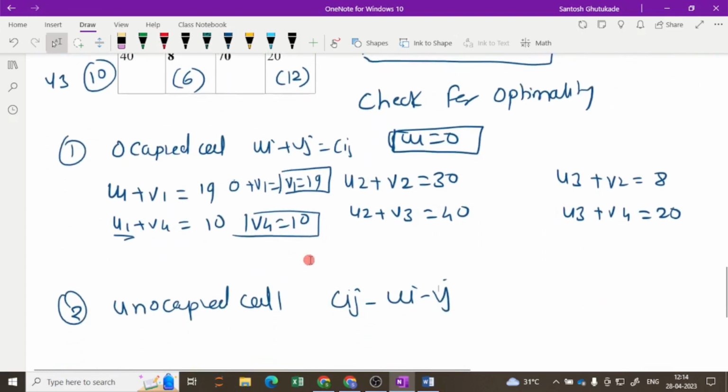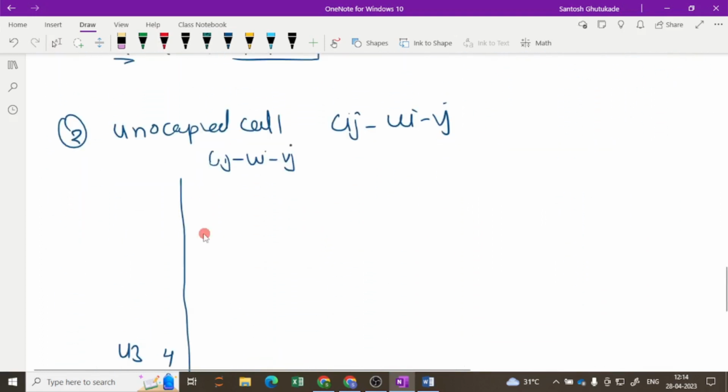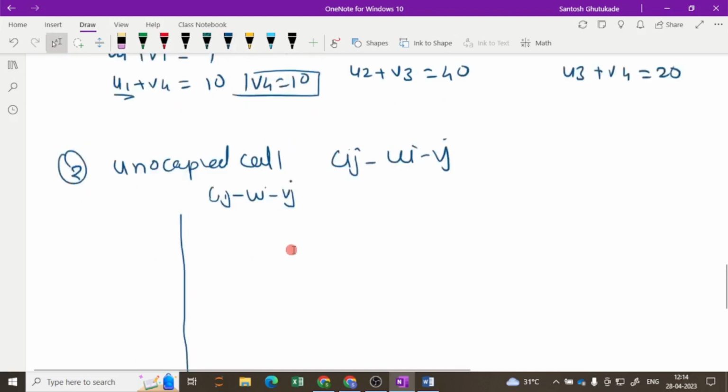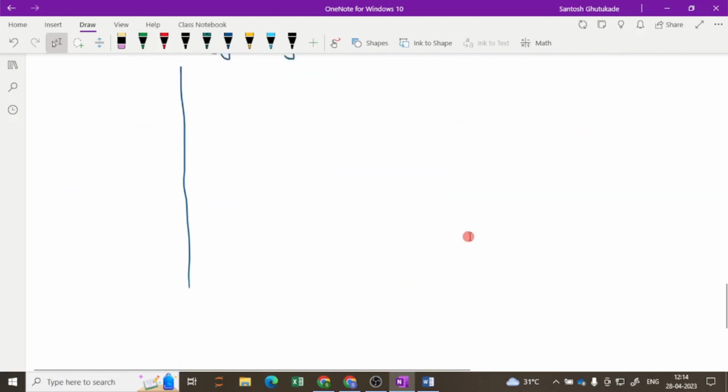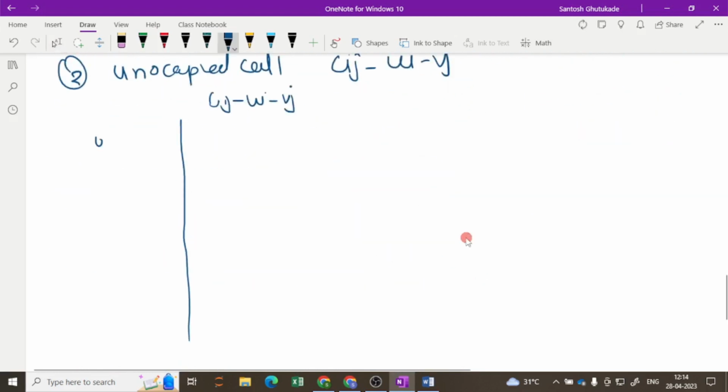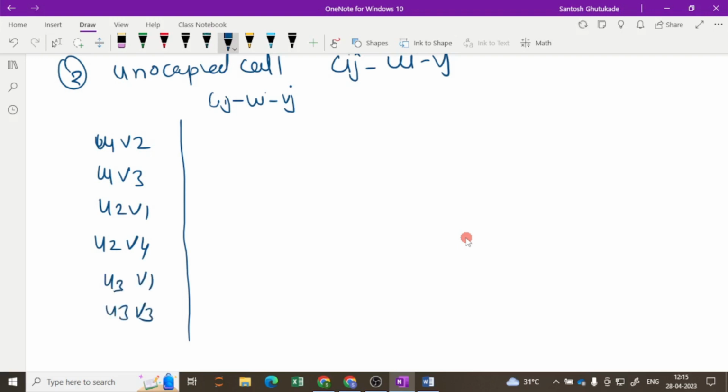So I will directly write these unoccupied cells: u1 v2, u1 v3, then u2 v1, u2 v4, u3 v1 and u3 v3. The relation is Cij minus ui minus vj.